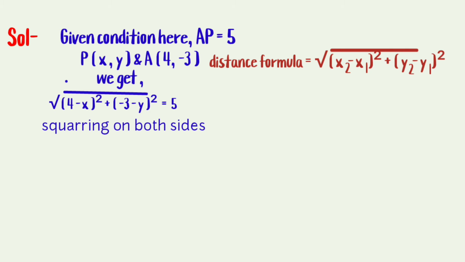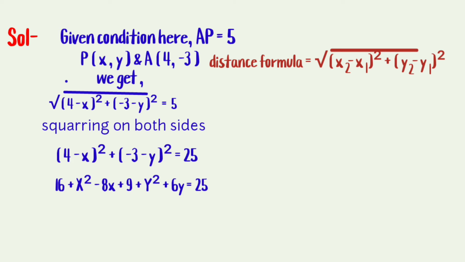Squaring on both sides, the root gets cancelled. So we get (4 minus x) whole square plus (-3 minus y) whole square is equal to 25. Here using (a minus b) whole square, we get 16 plus x square minus 8x, plus here (-3 minus y) whole square, we get 9 plus y square plus 6y, is equal to 25.